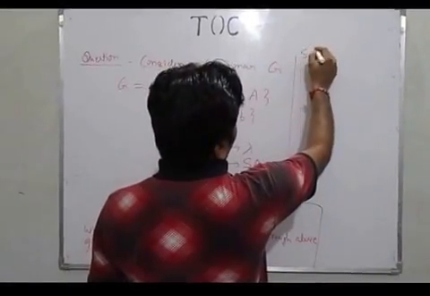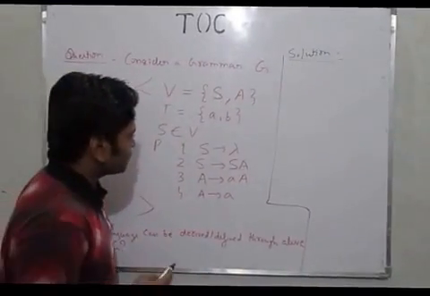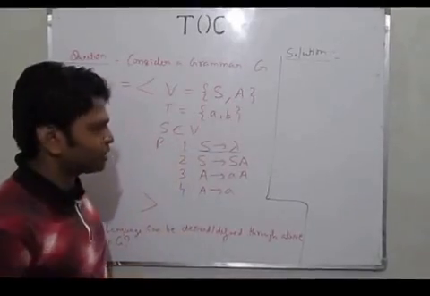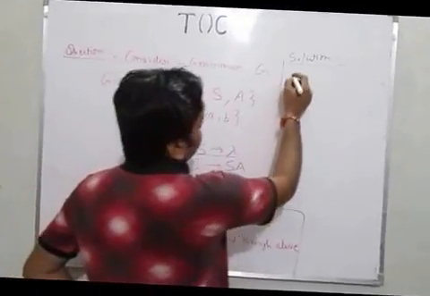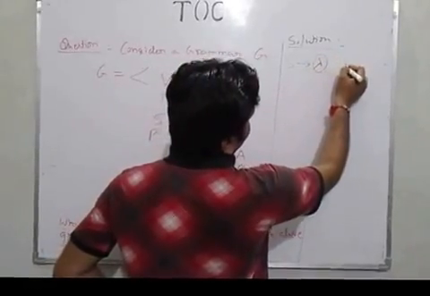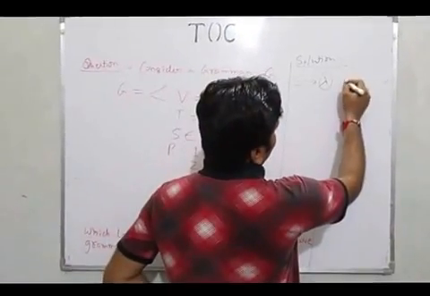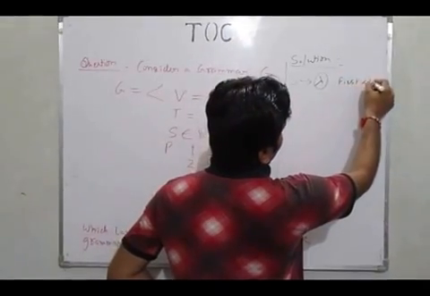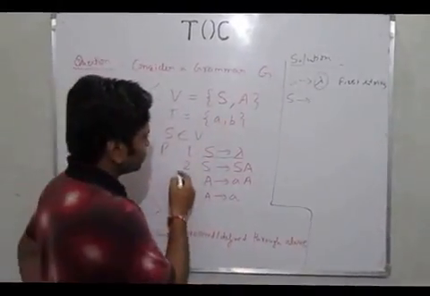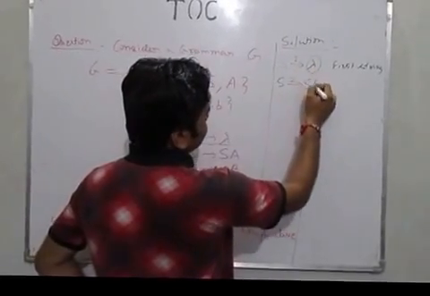So the solution would be: we have to first start with the start symbol. As I told you, we always have to begin with the start symbol. So lambda would generate the first string. Always remember, this is the first string that we obtain. Then we have the second production, S tends to SA.